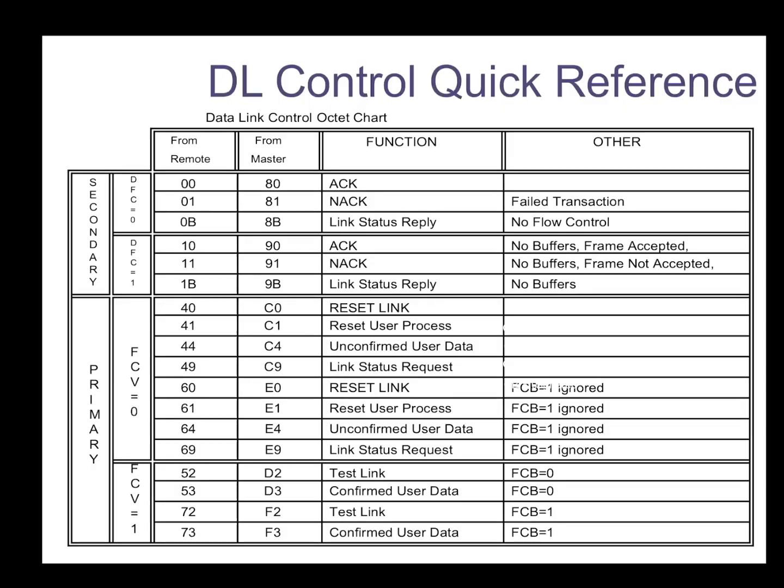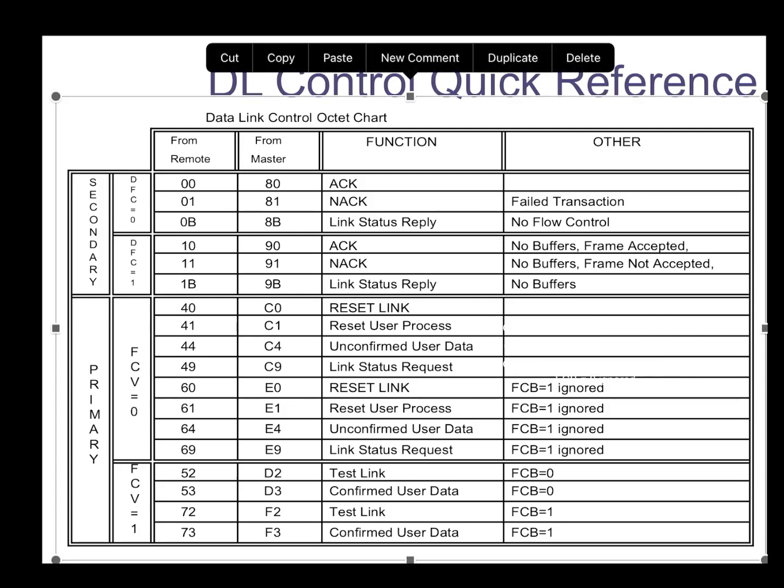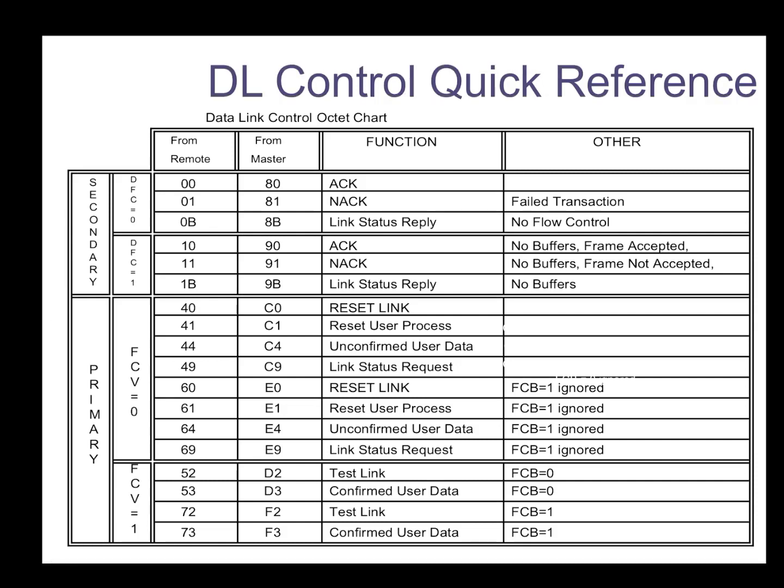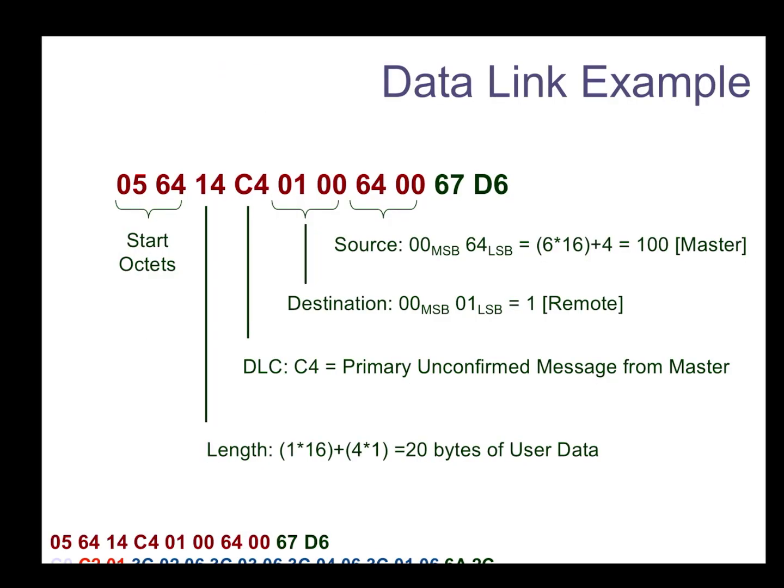Again, this is the table you're going to find on your breakout sheet, and it's the one you'll go to in every example in order to answer any question. We're going to use it in this next slide.